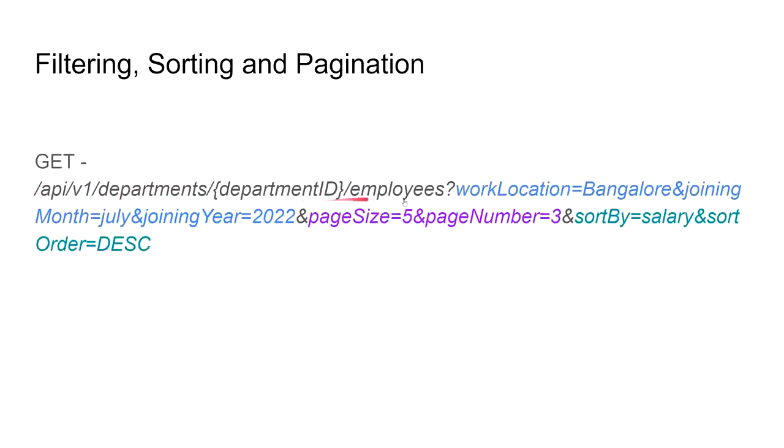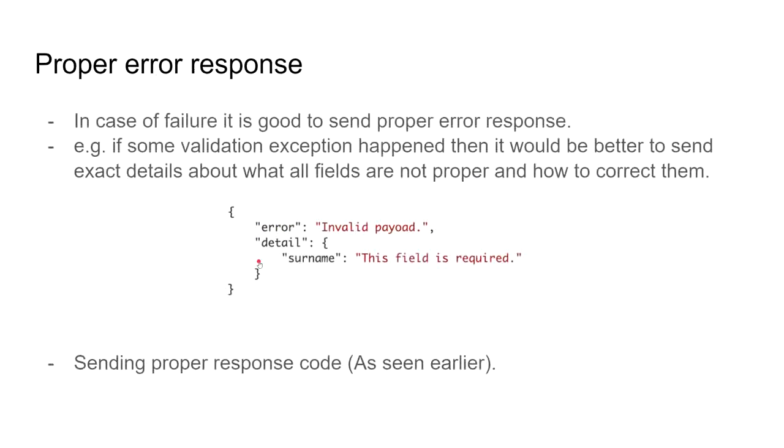This is the standard URI path to get all the employees. Now we will add respective query parameters: we wanted Bangalore, so we added work location as Bangalore. We wanted joining month as July and joining year as 2022. Then we wanted a page of size 5 and page number as 3, and we wanted it sorted by salary in descending order. So this is how the URI looks like.